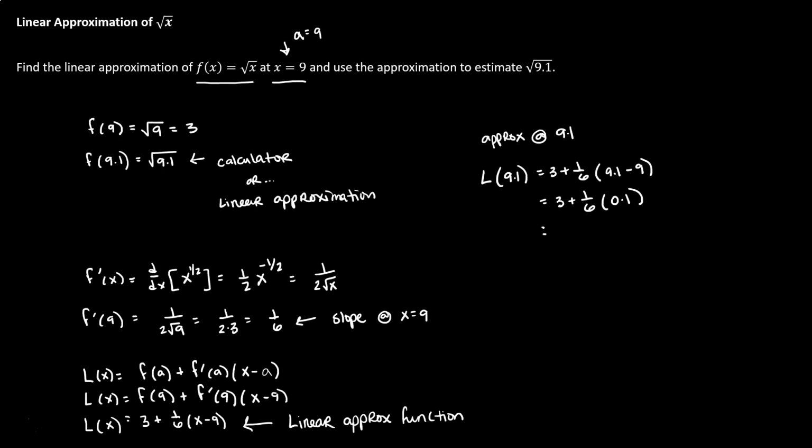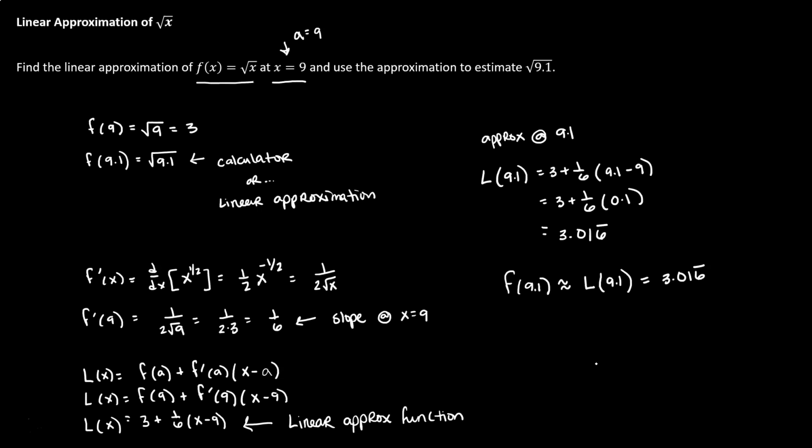Plugging this into our calculator, I'm getting 3.016 repeating. So using our linear function, we're able to approximate that f at 9.1 is approximately the same thing as L at 9.1, which was 3.016 repeating.